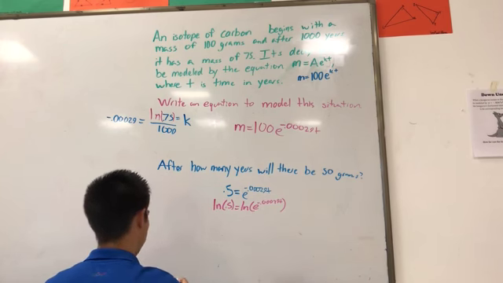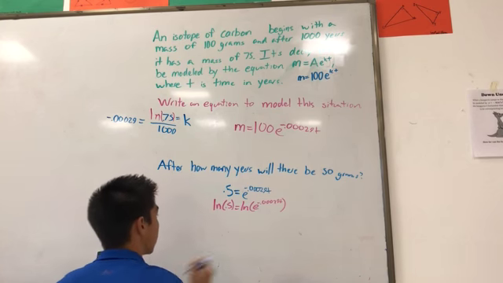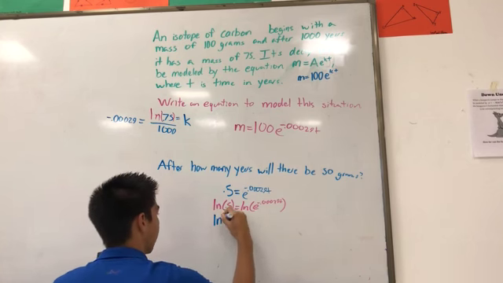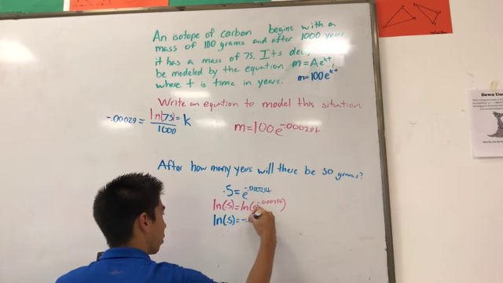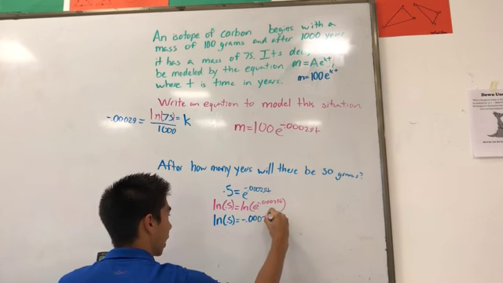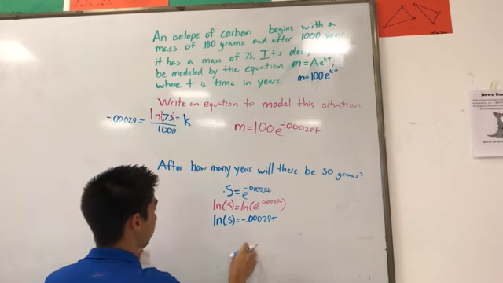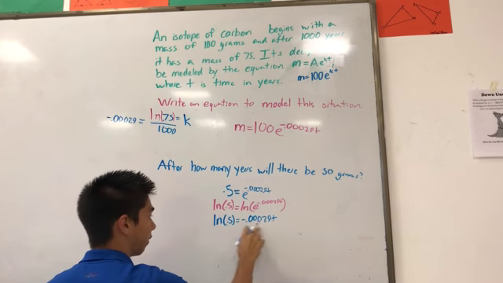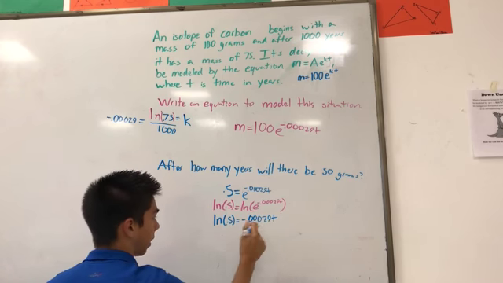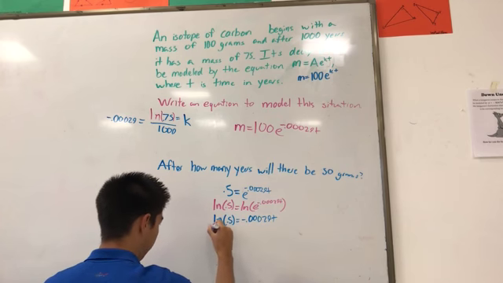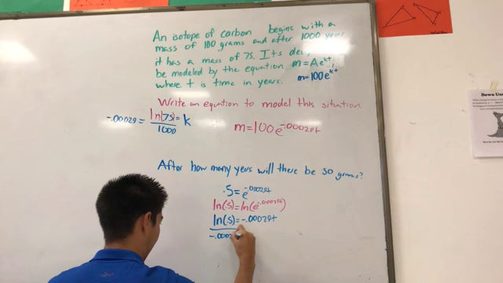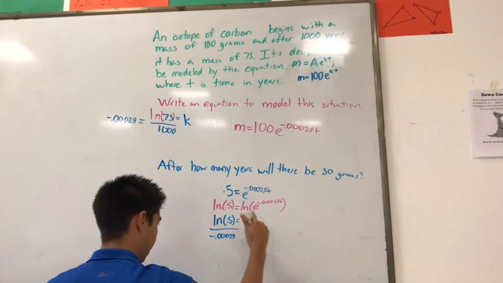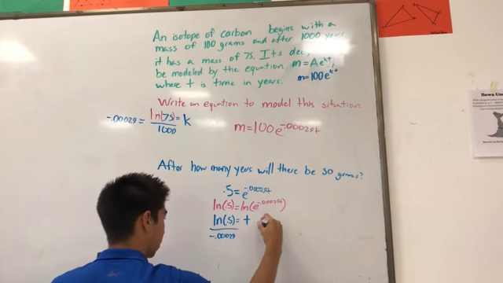So let me write that again. I have ln of 0.5 equals negative 0.00029t. And just like earlier, I now have t almost by itself on the bottom. So I'm going to divide both sides by negative 0.00029. And this is going to give me something equal to t.